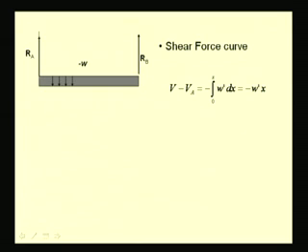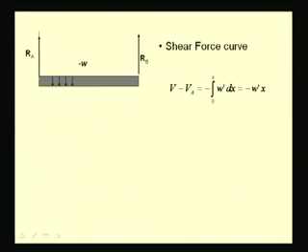For the points where we have concentrated loads, we have to use the algebraic relations to find the shear force. And so, we can find the shear force at A.